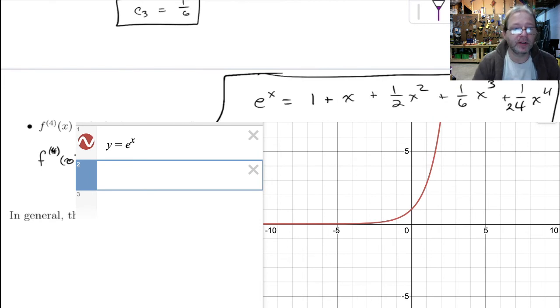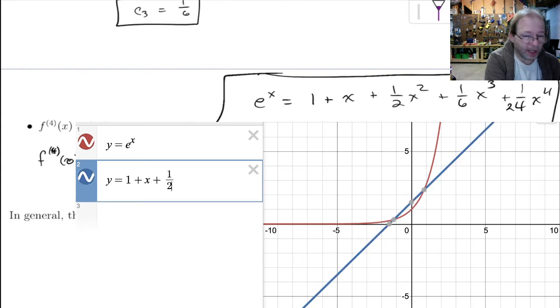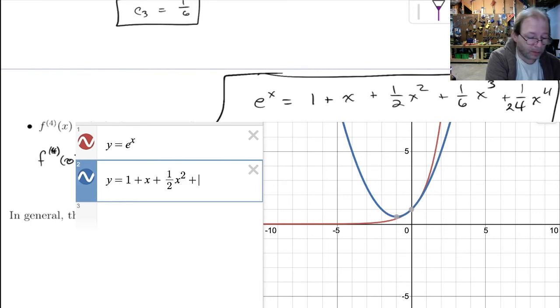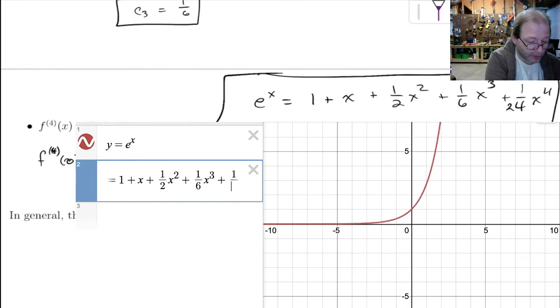And then I'm going to put in this polynomial that we just found. y equals 1 plus x plus 1/2 x squared plus 1/6 x to the 3rd plus 1 over 24 x to the 4th.